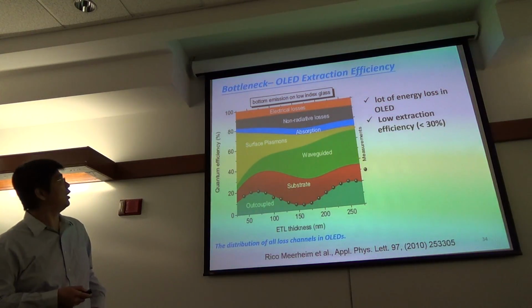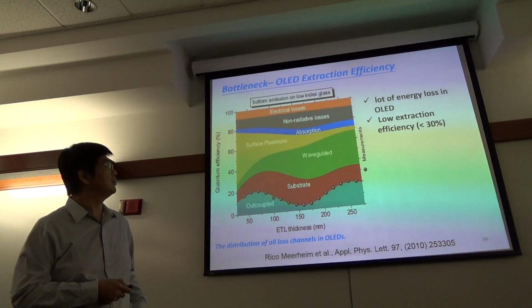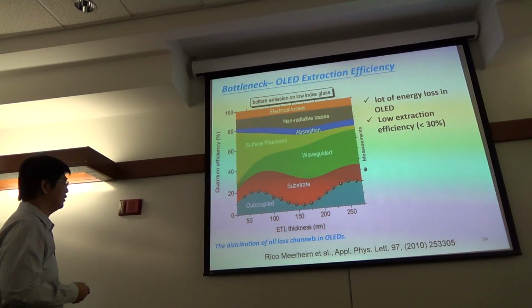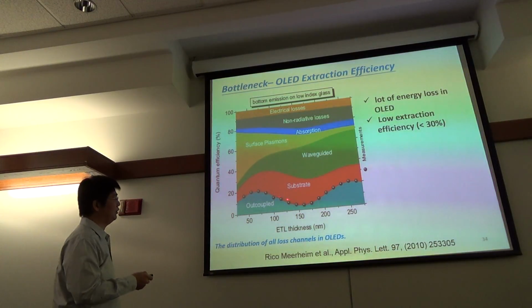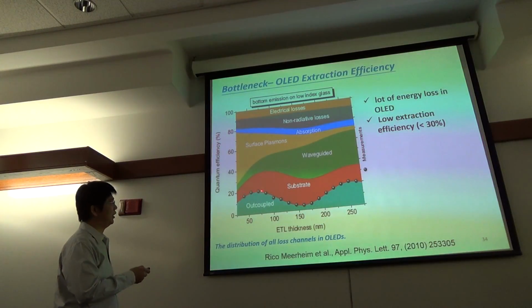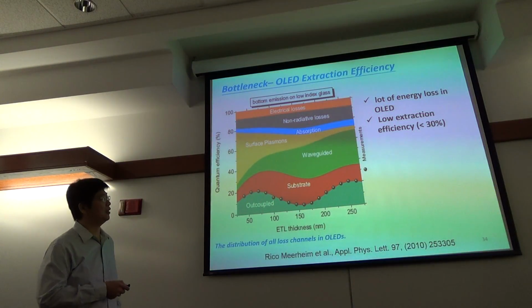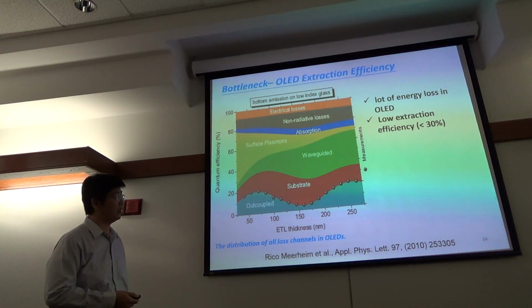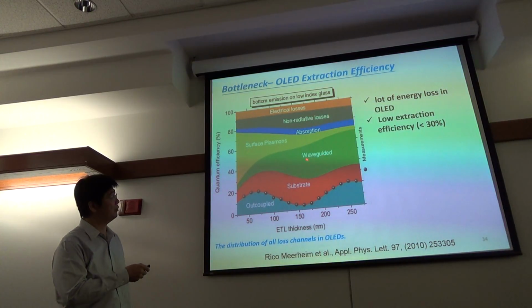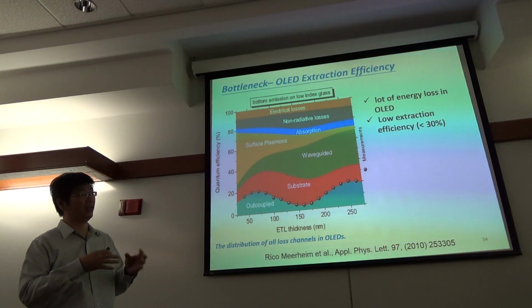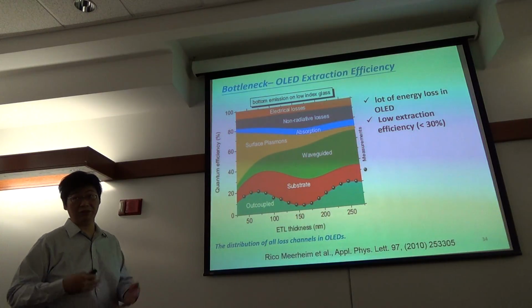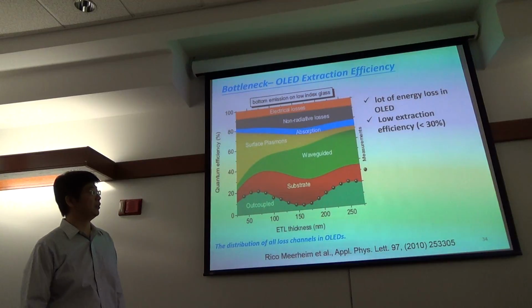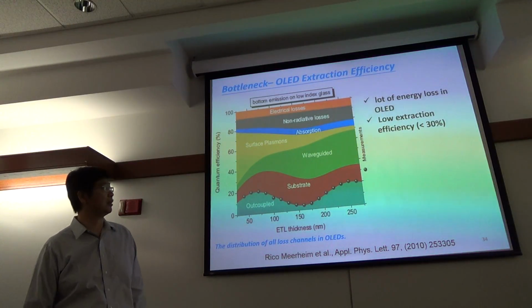Okay, so for the OLED, the coupling efficiency is actually only about 20%, and there are substrate modes in, for example, your glass substrate, and waveguide modes. Waveguide mode means light in the organic material and your electrode, for example, ITO, indium tin oxide.